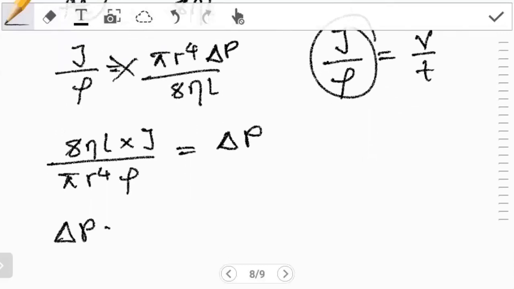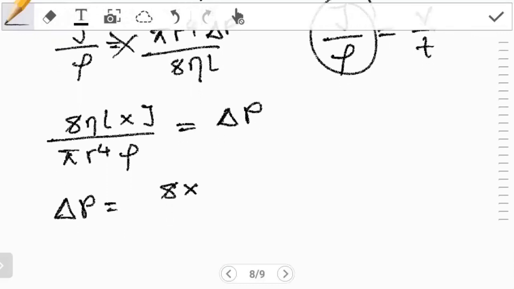So now it's just substitution. The change in pressure is equal to the numerator, it's 8. The viscosity is given to us as 1.0 by 10 to the power negative 3, multiplying the length. It was given to us in centimeters. We converted it to meters, and we saw it was 0.03 in meters.